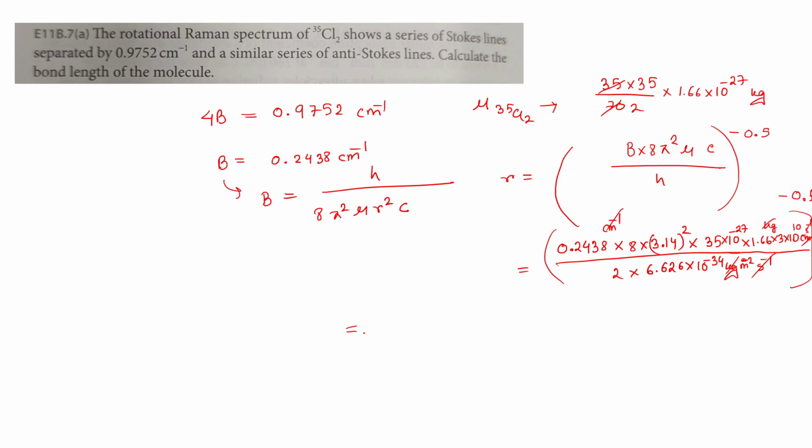Let us calculate. 0.2438 into 8 into 3.14 square into 35 divided by 2 into 1.66 into 10 to the power minus 27, into 6.626 divided by 10 to the power minus 34.